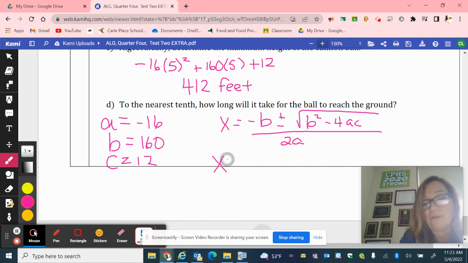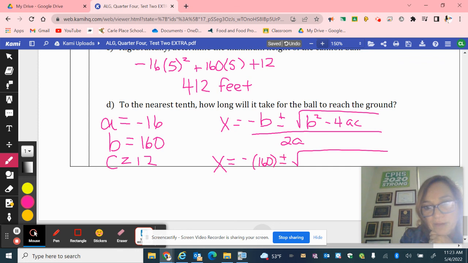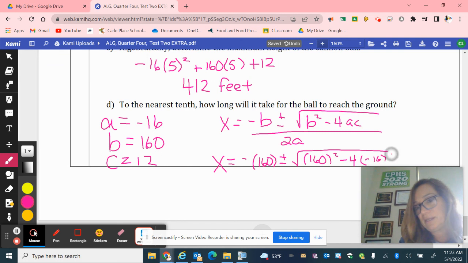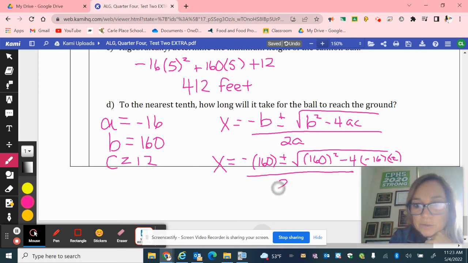You can copy it from the reference sheet. So the negative of 160 plus or minus the square root of 160 squared minus 4 times A, which is negative 16, times C, which is 12, just a 12. I almost wrote negative 12. All over 2 times negative 16.